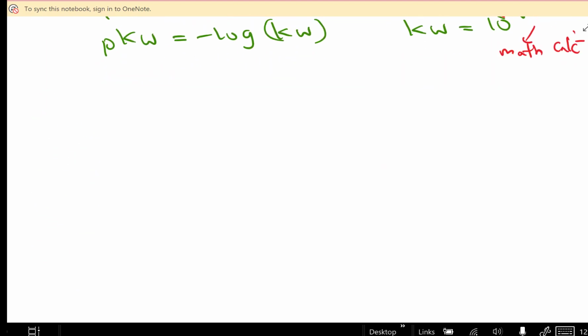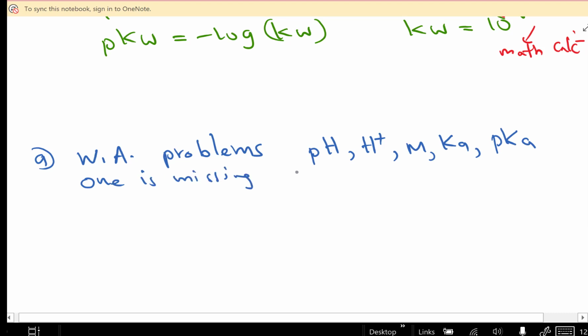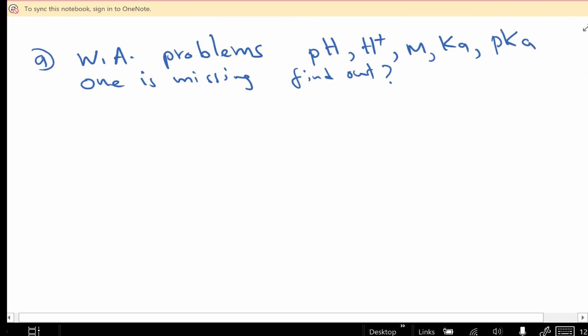Now, let's get an example. Yeah, so let's take a weak acid, WA, problems. So these problems are pH, H plus, molarity, Ka, pKa. So most of it is given, one is missing, and that's basically the question.